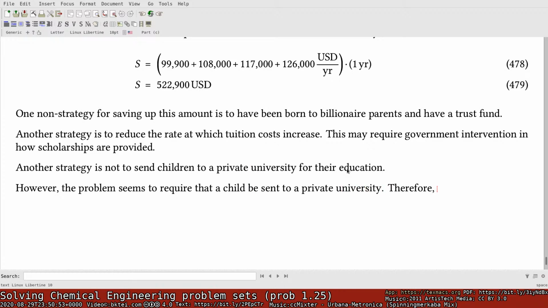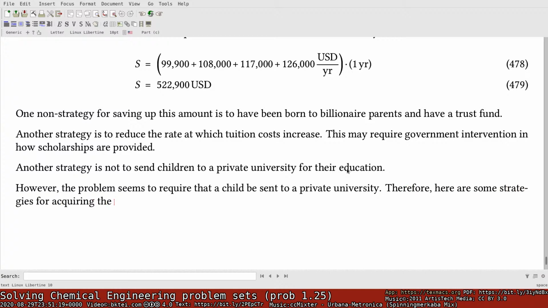Therefore, here are some strategies for acquiring the monetary wealth necessary to participate in such a system.